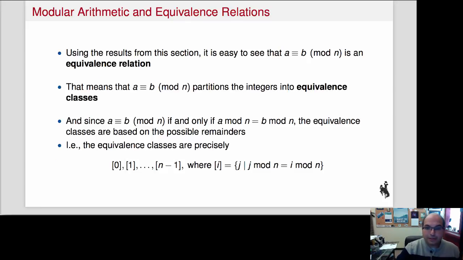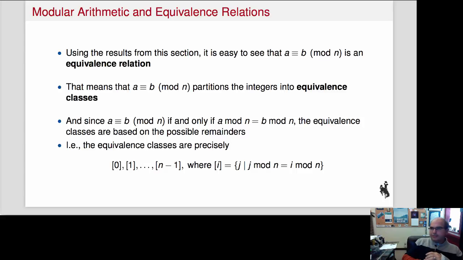Now, something else that we know is that we're actually defining an equivalence relation. And we actually proved this from scratch when we were talking about equivalence relations. But all the results that we did in this little unit actually show that very nicely, okay? So A equals B mod n really is an equivalence relation, okay? And that means that it partitions the integers into equivalence classes, all right?